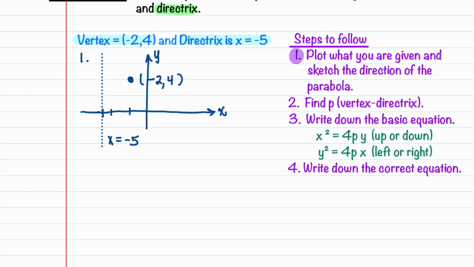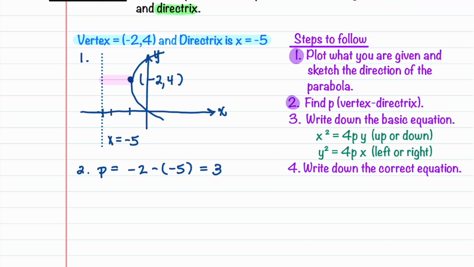Let's now sketch the direction of the parabola. Our parabola is going to open away from the directrix, so it's going to be shaped like this. Let's now find P. P is going to be between the vertex and the directrix, so we can write down that P is equal to minus 2 minus a negative 5, which is equal to 3.